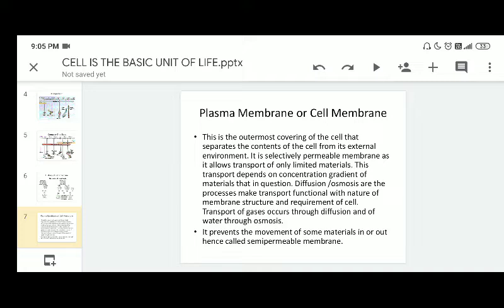That means transport of oxygen and carbon dioxide occurs through the diffusion process. The diffusion process you have already studied in earlier classes. It prevents the movement of some materials in or out, hence called a semi-permeable membrane. Means plasma membrane is a semi-permeable membrane. It allows only limited materials to move in or to move out.